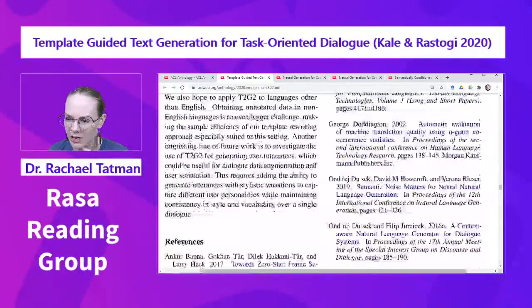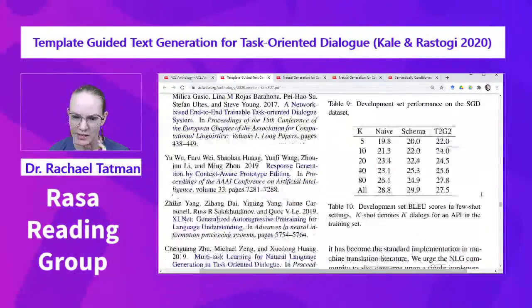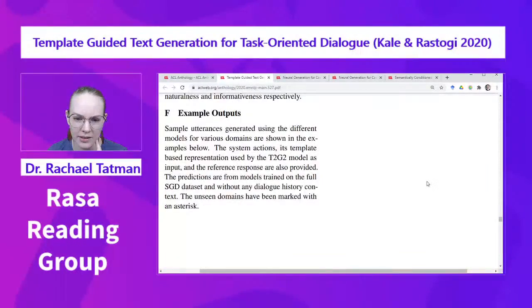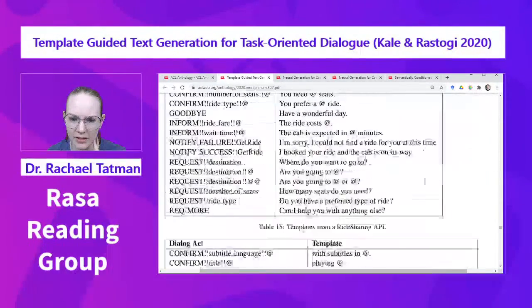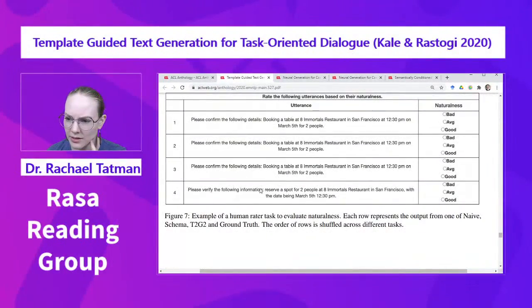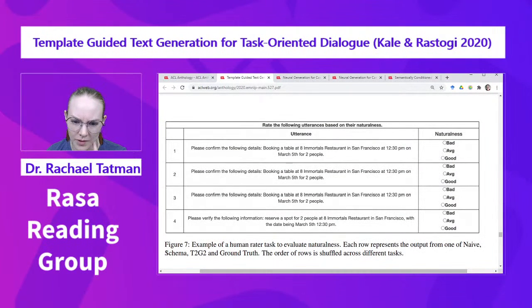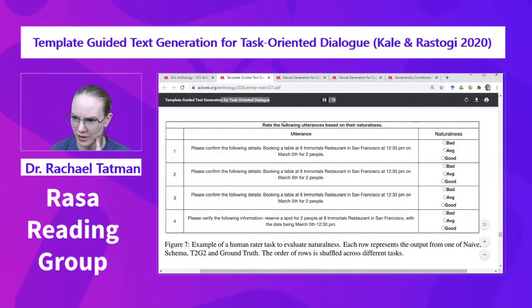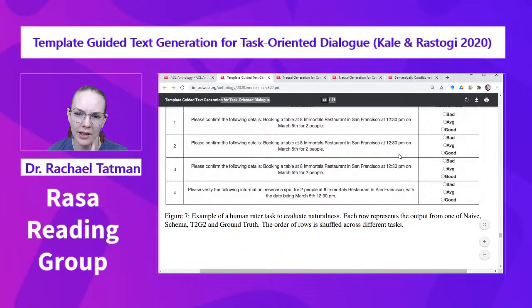All right, and let's go down and check in the appendix. They said it was E, right? Okay, human evaluating naturalness. Bad, average, good. Okay.